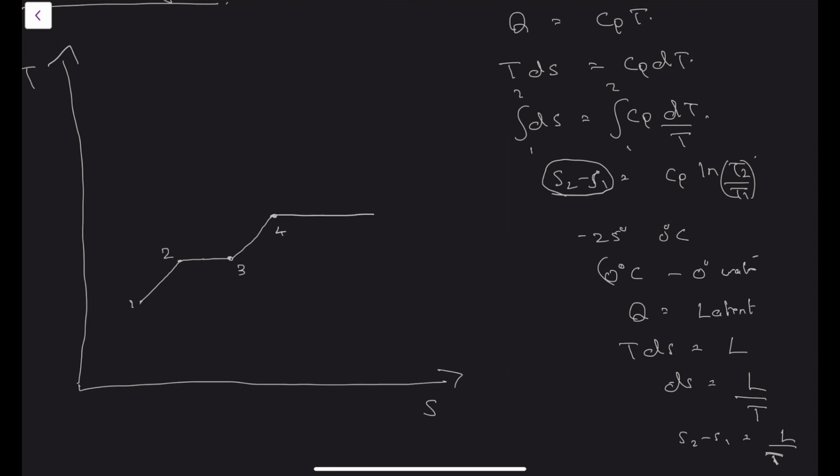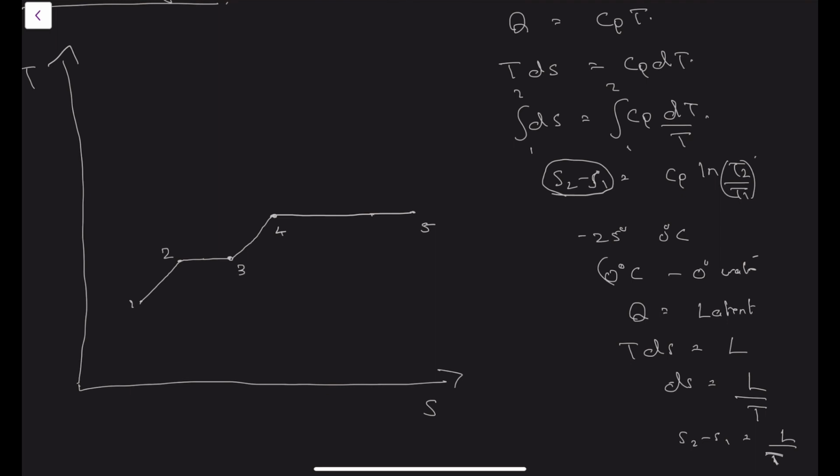Now you can see that from 4 to 5 there is a big increase in entropy. It is changing from liquid to vapor. So there is a huge increase in entropy when the substance changes from the liquid state to vapor state. So from 4 to 5, there is a big gap here. And again now it has become the saturated vapor.